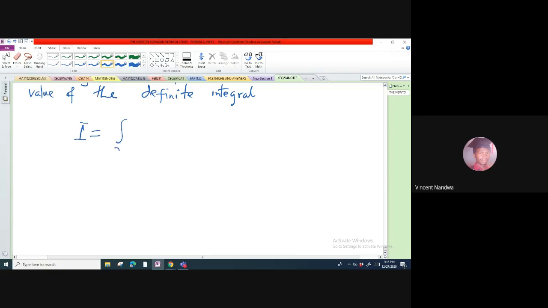so this is the problem that we need to evaluate the value of this definite integral. So let's call this one equation 1. So we are given some values of x and y, and then we are interested to calculate the value of this integral, to approximate the value of the integral of this form.